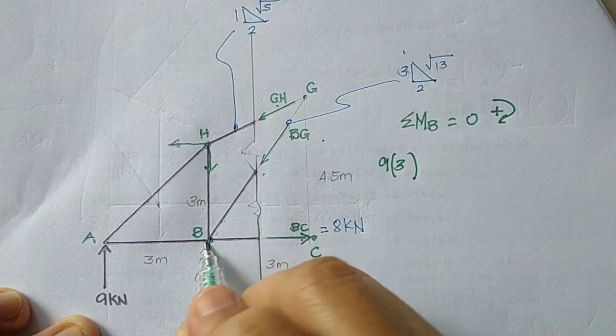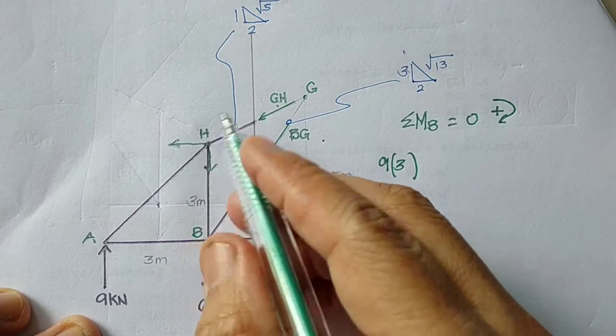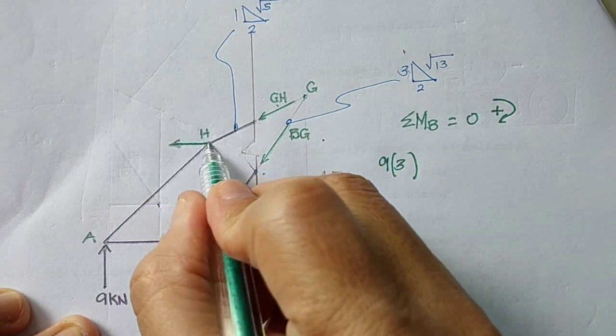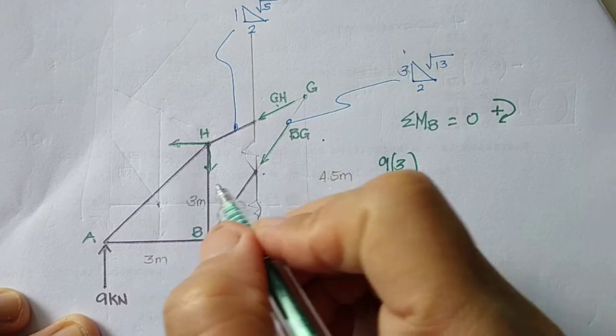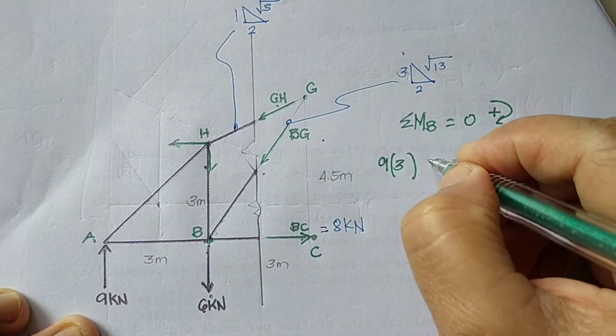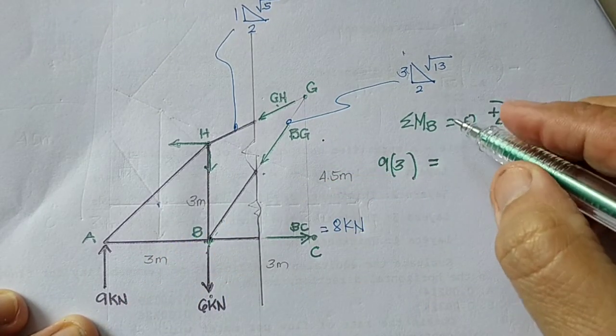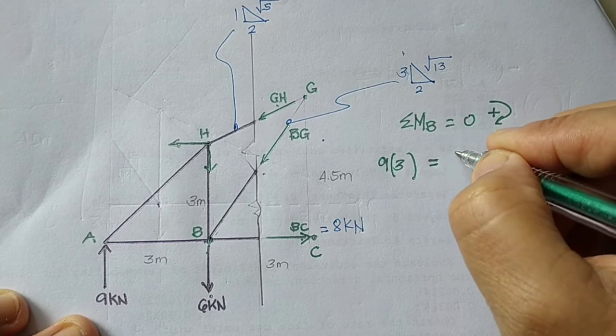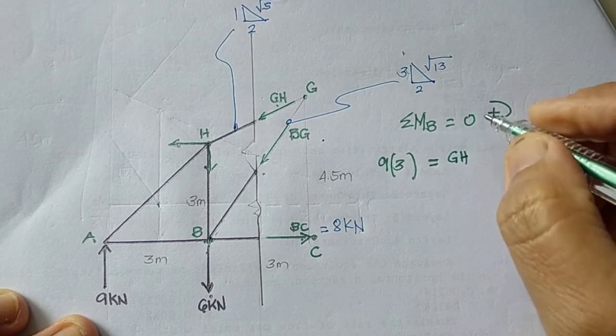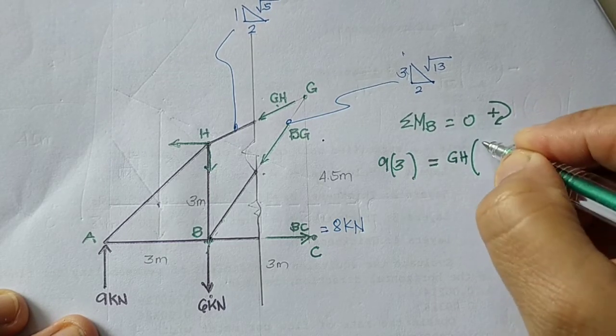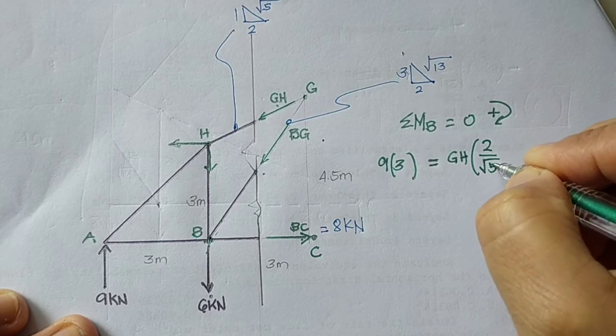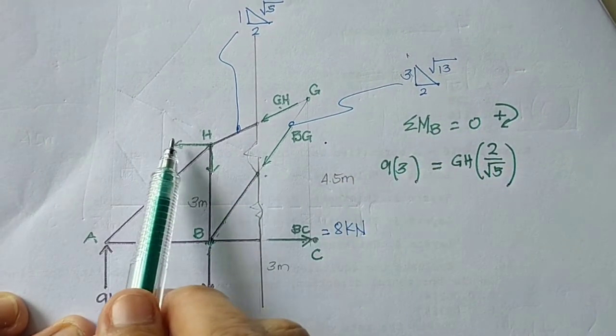Then another is the horizontal component of GH. So this is clockwise, so I will put it to the other side of the equation. GH, the slope is 2 over square root of 5 multiplied by 3 meter.